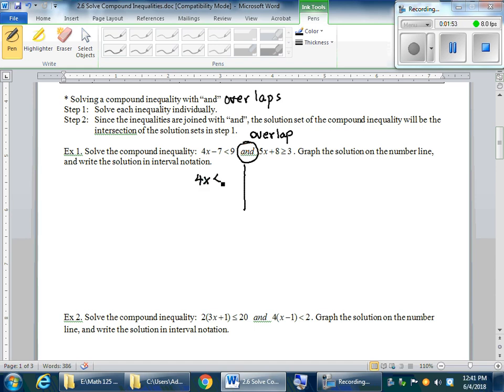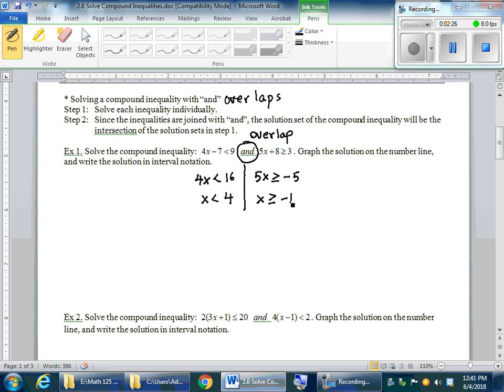That gives me 4x is less than 16, and dividing both sides by 4 gives x is less than 4. On the right hand side, you subtract 8 from both sides. That gives us 5x is greater than or equal to negative 5, and dividing both sides by 5 gives us x is greater than or equal to negative 1.